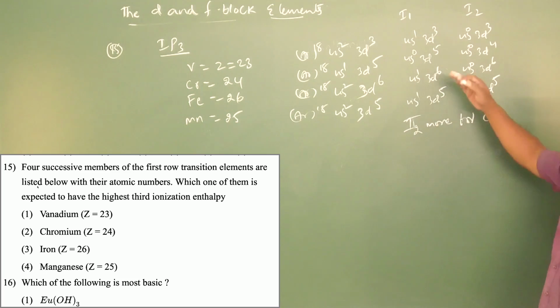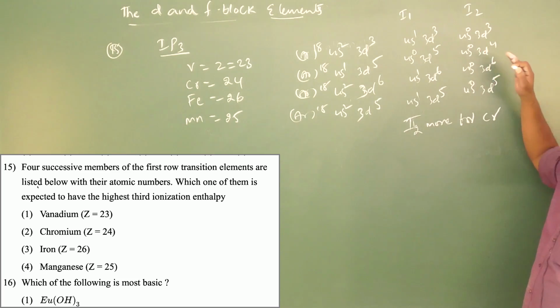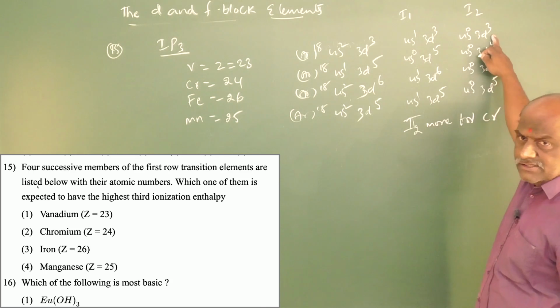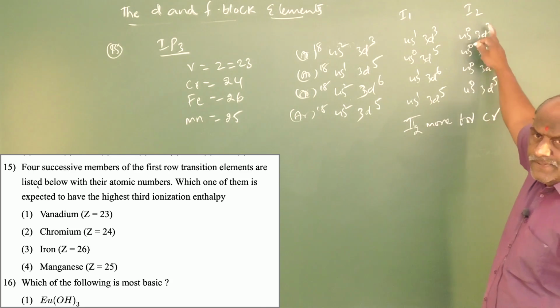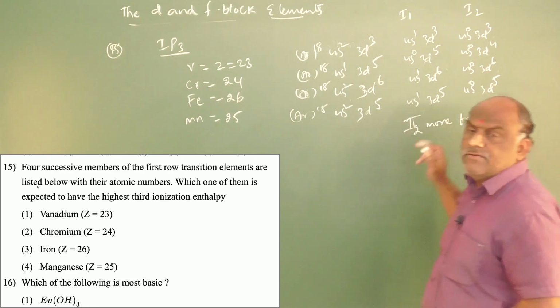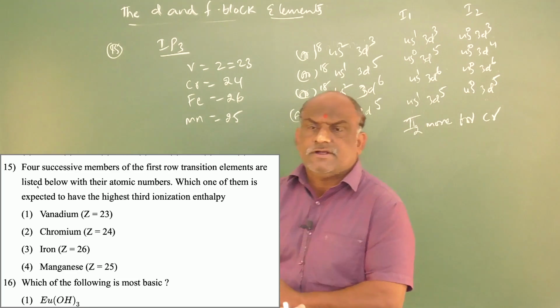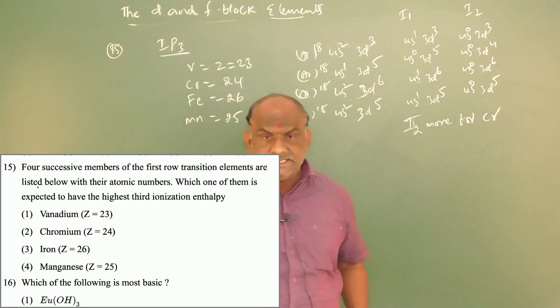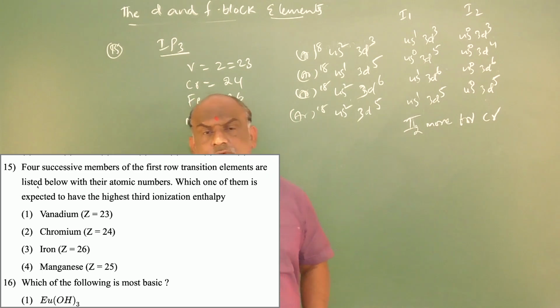After removal of the second electron, which is difficult to remove next? 3d3 partial filling, 3d4 partial filling, 3d6 partial filling, 3d5 half filled configuration. The 3d5 half filled configuration takes place in manganese, so it is very difficult to remove an electron.